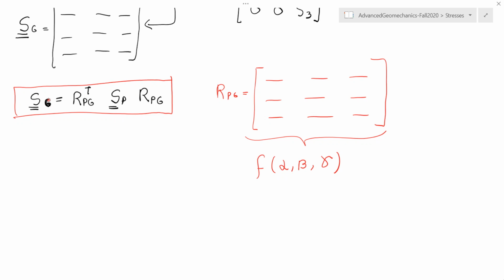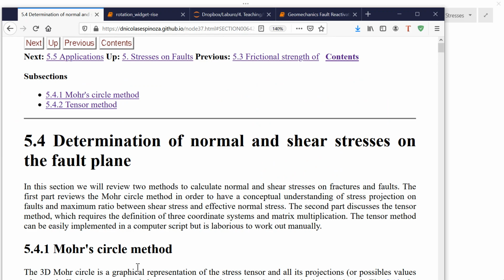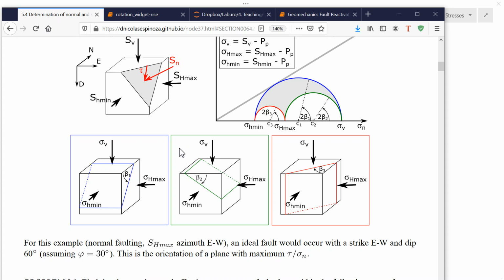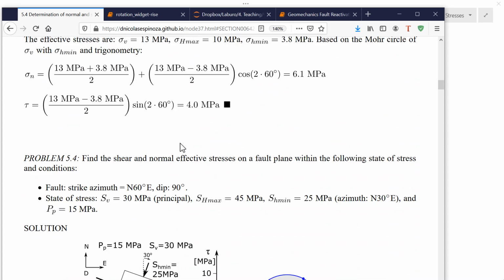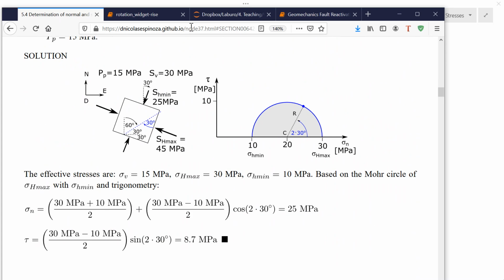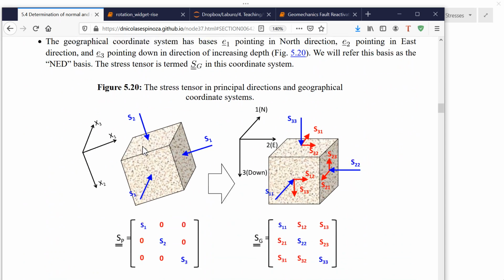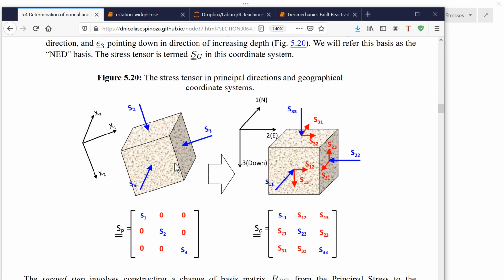All right, this matrix RPG depends on the orientation of the principal stresses with respect to the north, east, and down coordinate system. And I have those sketches right here. If you visit this link, then if you go to tensor method, this is what we're doing.